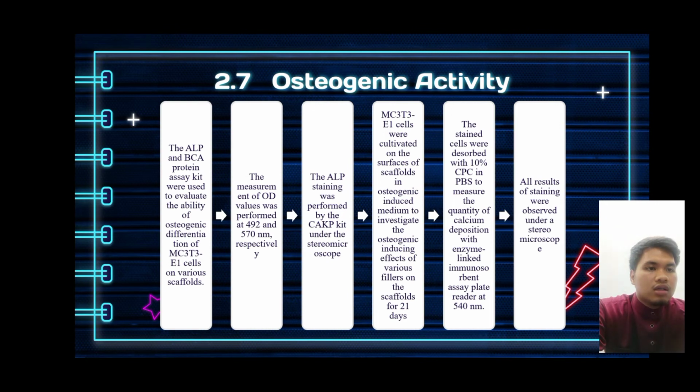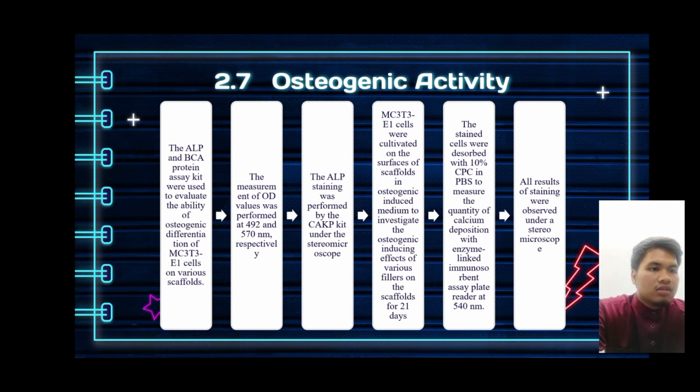Next, MC3T3-E1 cells were collected on the surface of the scaffold in osteogenic induction medium to investigate the osteogenic induction effect of various fillers on the scaffold for 21 days.